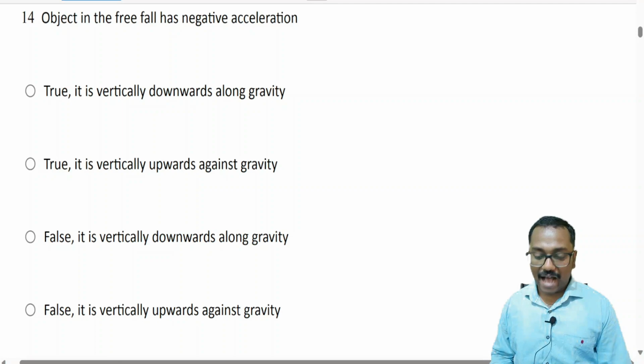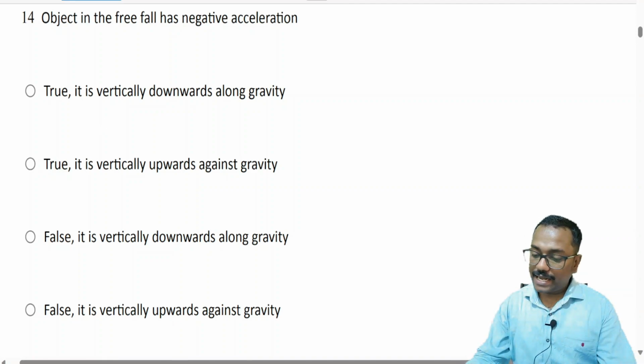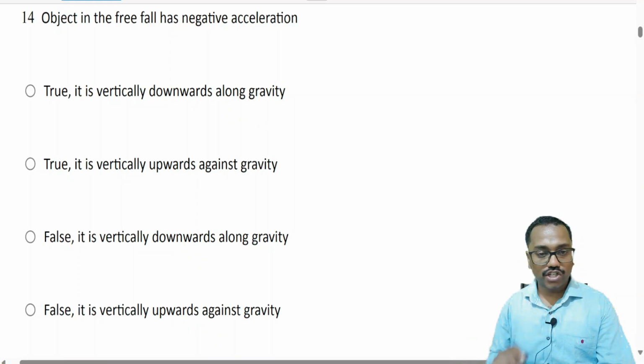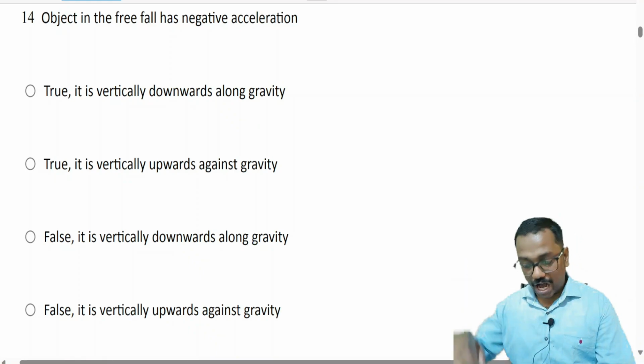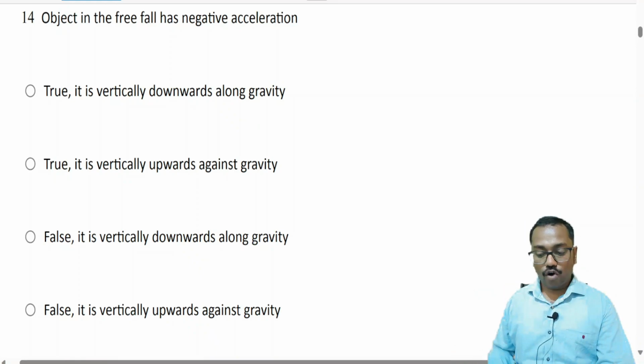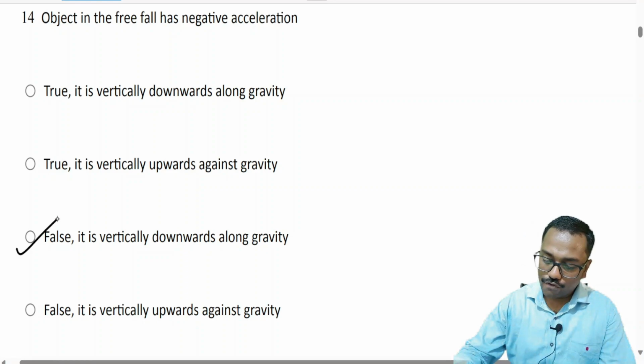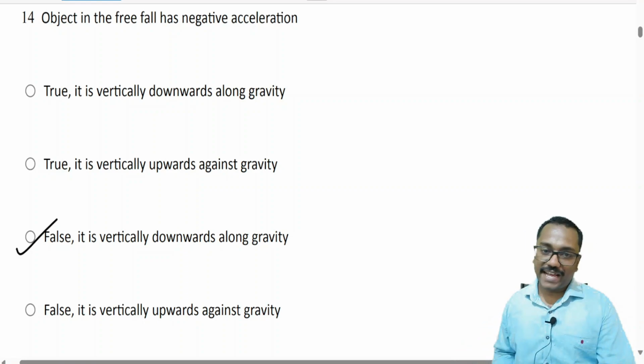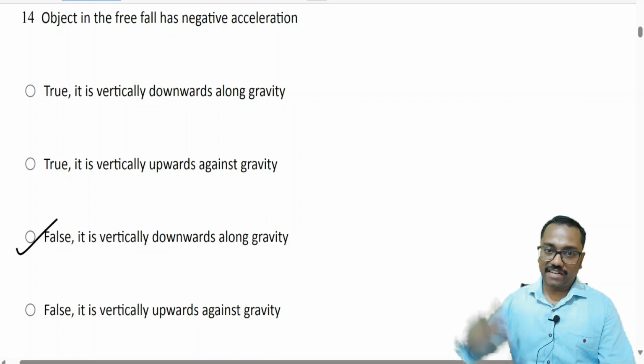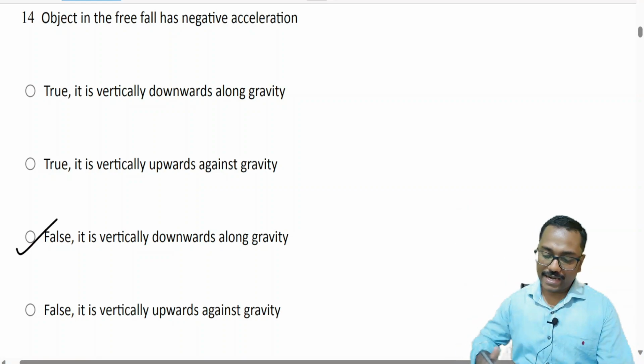Options are true, it is vertically downwards along gravity; true, it is vertically upwards against gravity; false, it is vertically downwards along gravity; and false, it is vertically upwards against gravity. So its answer is false. It will not have negative acceleration, it will be positive because it is going down, right?